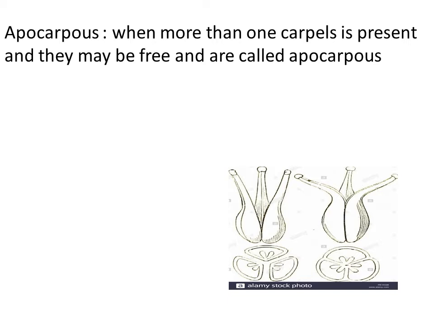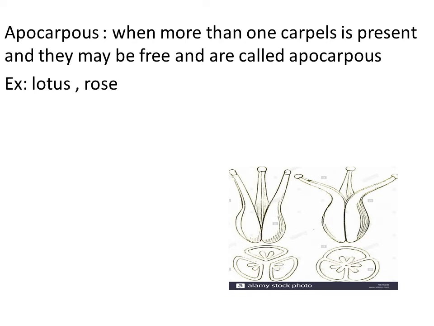Such a condition of the gynoecium is called apocarpous. Apocarpous is nothing but free carpels, right? They are not fused together. Clear? So free carpels in the flower are represented by the terminology apocarpous.